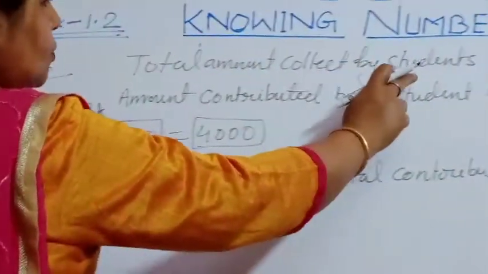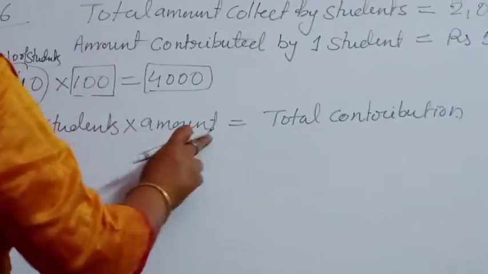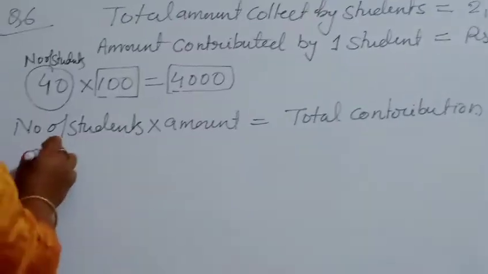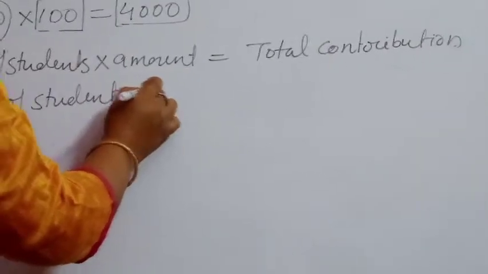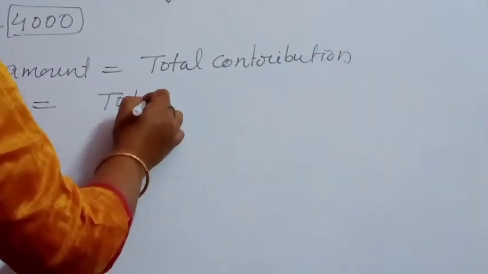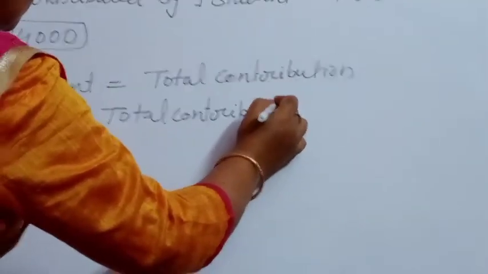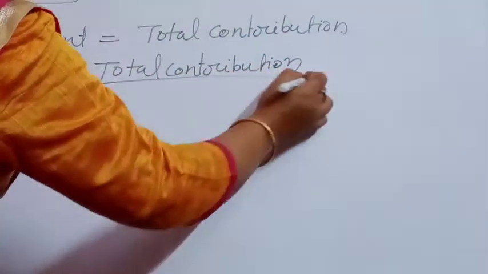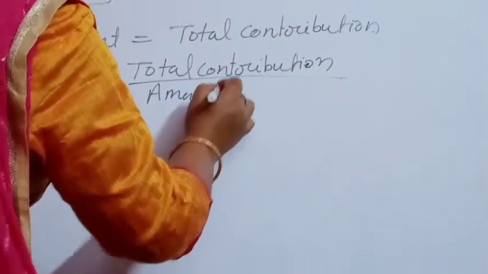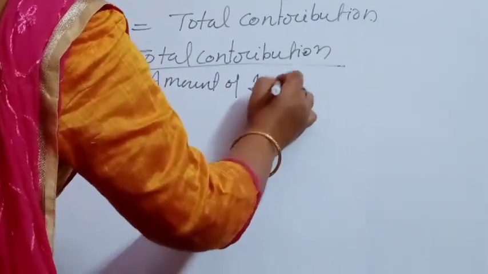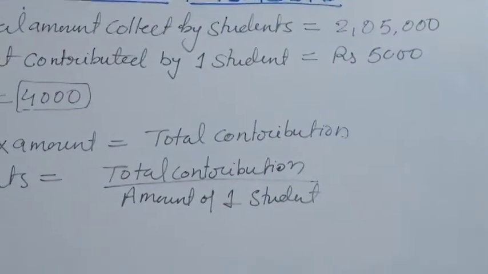Now see, total contribution we have been given, amount also we have been given, we have to find number of students. What we will do? Number of students is equal to total contribution divided by amount of one student. In this way you will get the number of students.